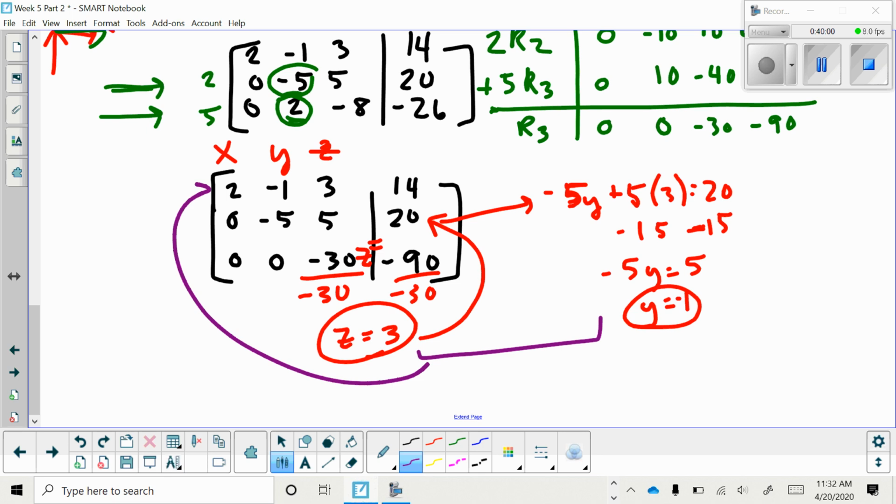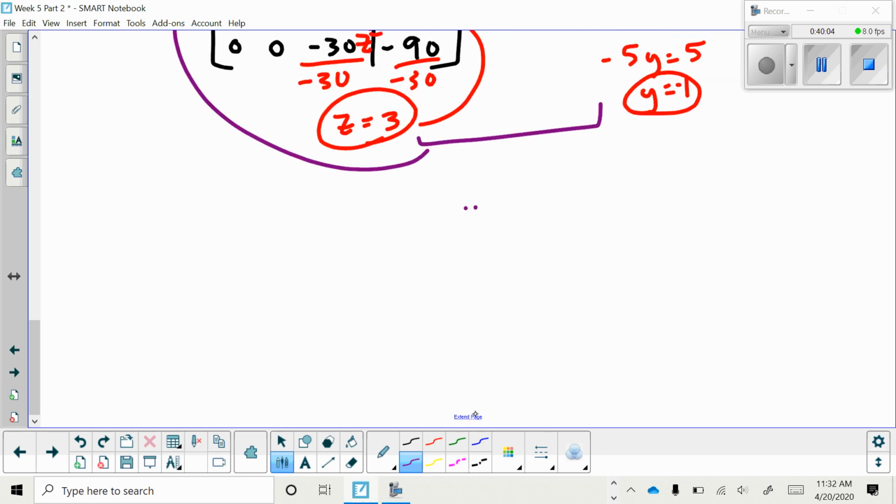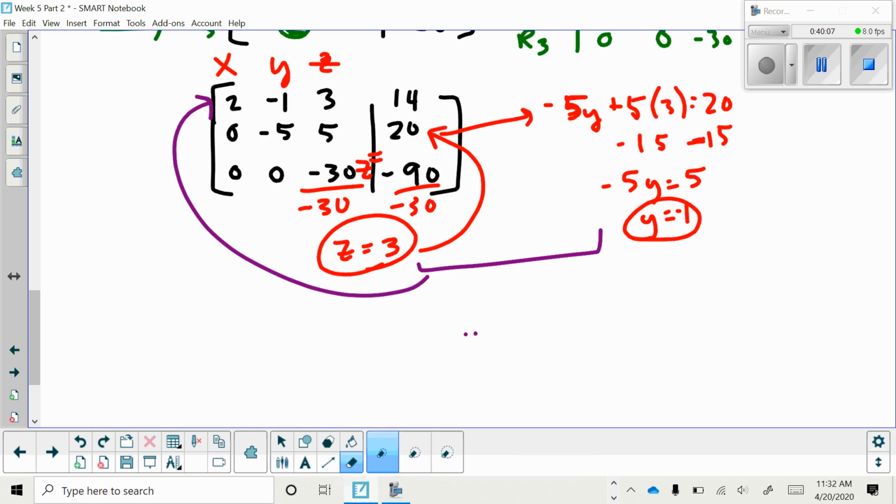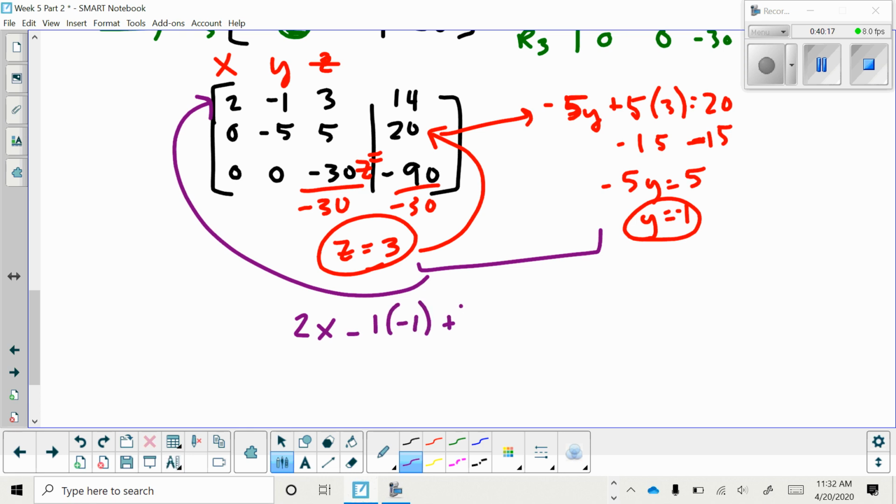into the very first equation, and solve for x. So I've got 2x minus 1y, where y is -1, plus 3z, where z is 3, equals 14. So -1 times -1 is +1.